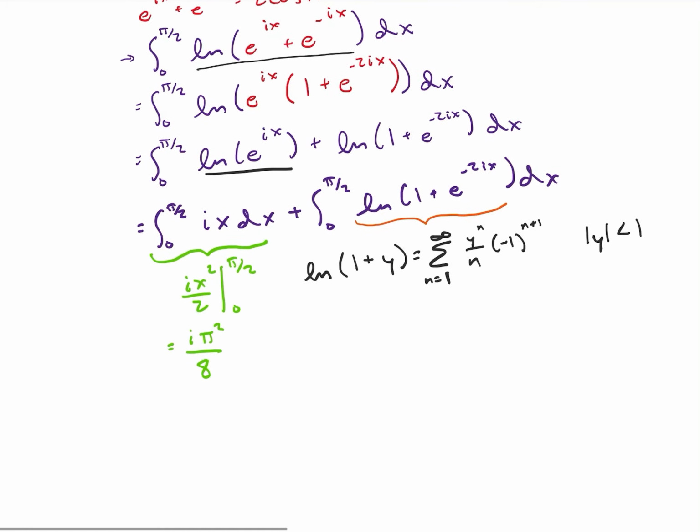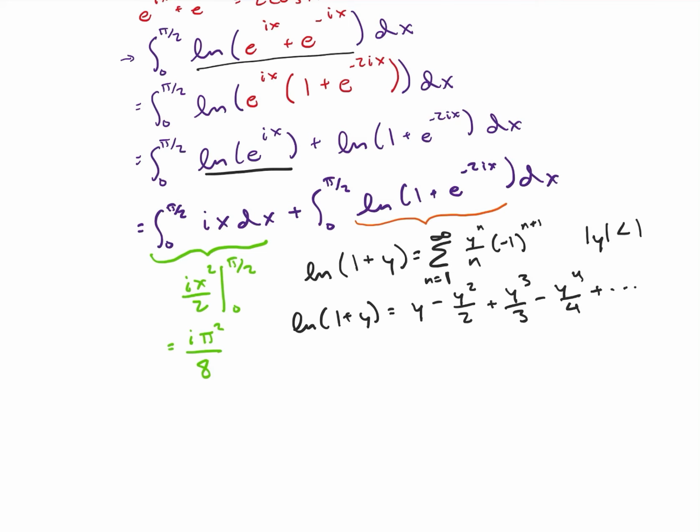That means I can rewrite this as the natural log of 1 plus y equal to y minus y squared over 2 plus y cubed over 3 minus y to the 4th over 4 plus, etc., moving down the line.